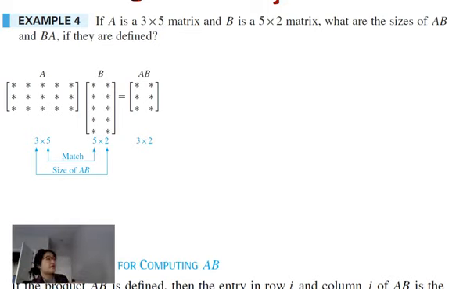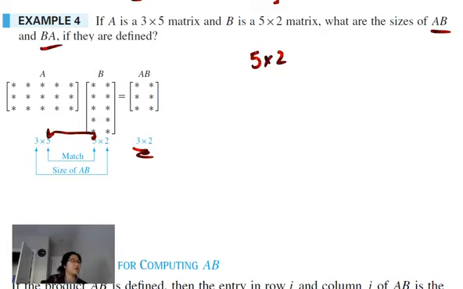Okay, so if we have A is 3 by 5 and B is 5 by 2, what size is AB going to be? AB is going to be 3 by 2 because we have the inside numbers matching. Is BA going to be defined, where we have 5 by 2 times a 3 by 5?